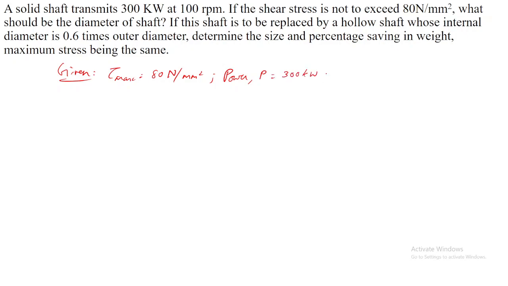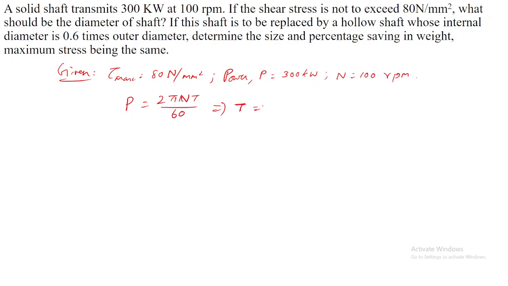From power we could calculate the torque. So from power, if you are calculating the torque, it is 2 pi N T by 60, right? So from this you can calculate the torque.